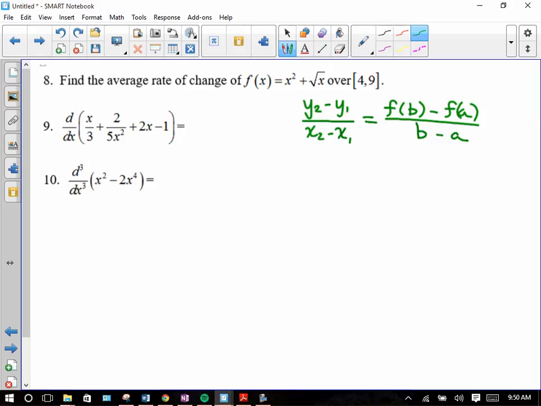Now, this means what? What does that tell me to find? Now we're talking about derivatives. We want to take the derivative of that. What's the first thing we're going to want to do?